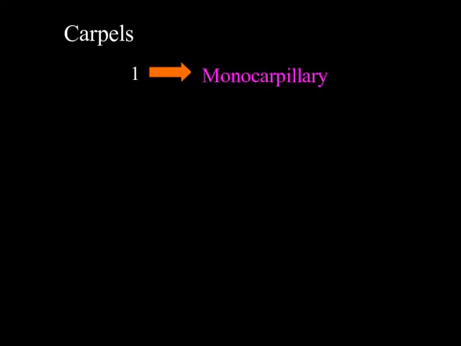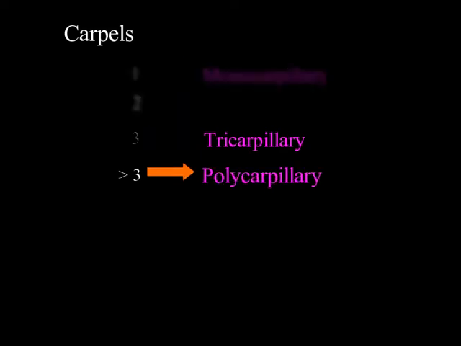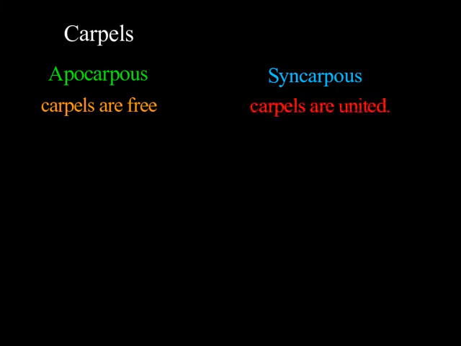The carpel may be single, that is monocarpellary, two, bicarpellary, three, tricarpellary, or more than three, that is polycarpellary. The carpels can also be classified as apocarpous, that is carpels are free, or syncarpous, that is carpels are united.